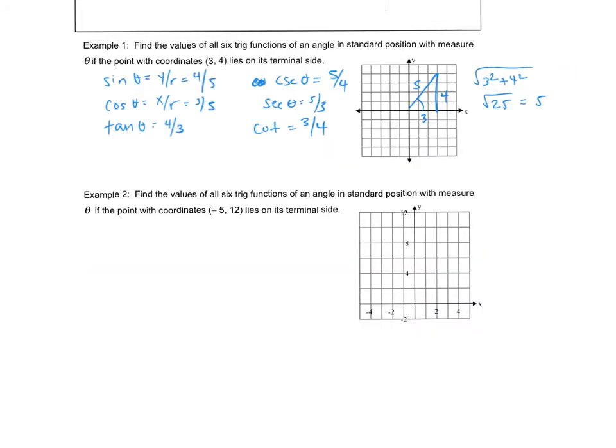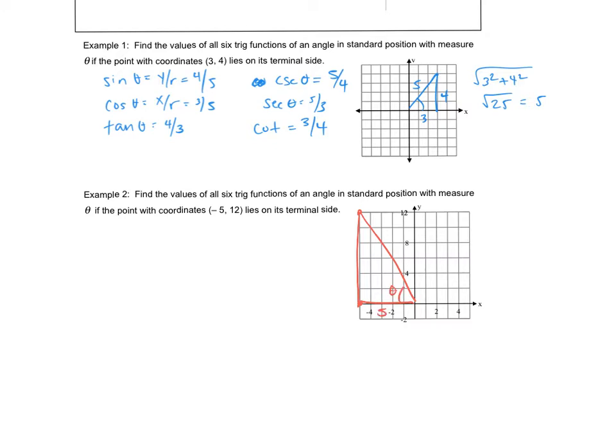In our next example, we're going to use a triangle with our coordinates at (-5, 12). And so here's my triangle, and in this case, this is going to be theta here.